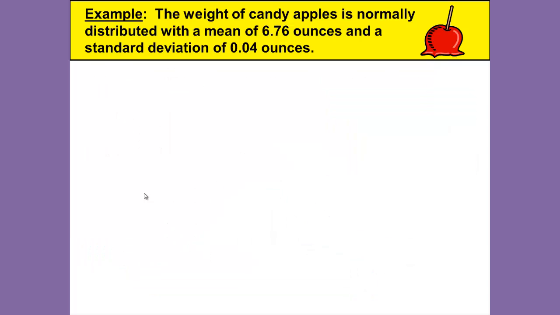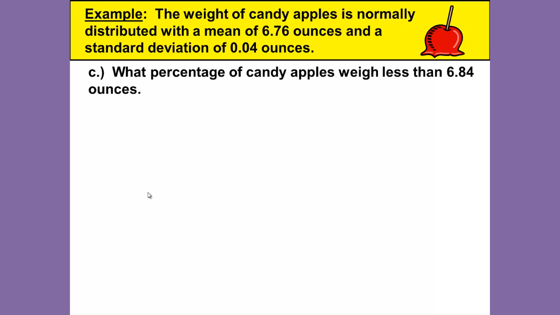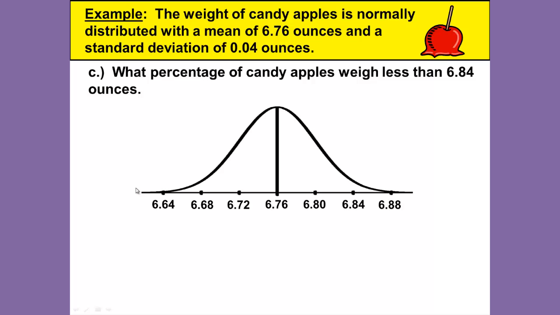Part A and B are really easy to do once you have drawn your own chart. Part C is a little bit more of a challenge. What percentage of candy apples weigh less than 6.84 ounces? Well, again, let's go to our chart with our numbers on it, and let's shade below 6.84.